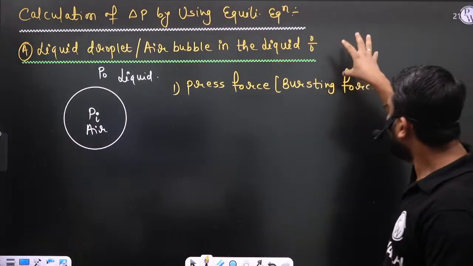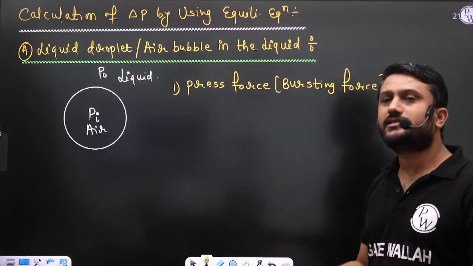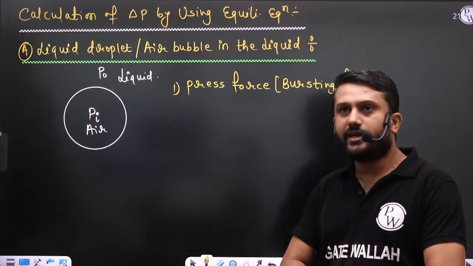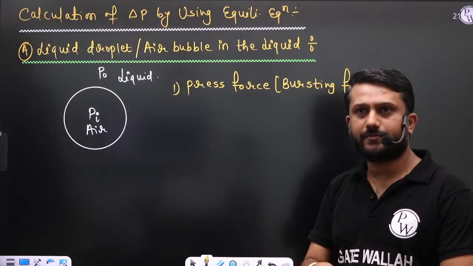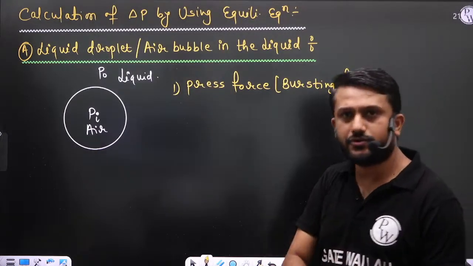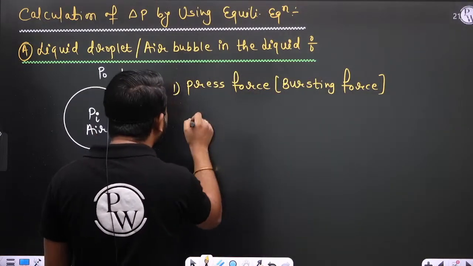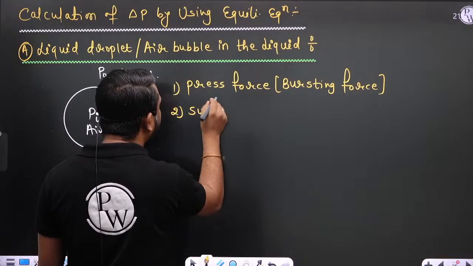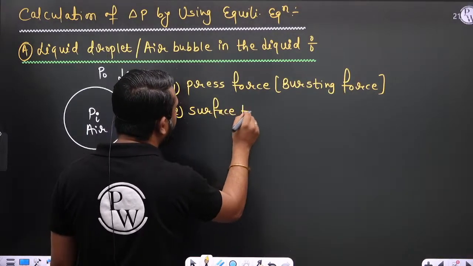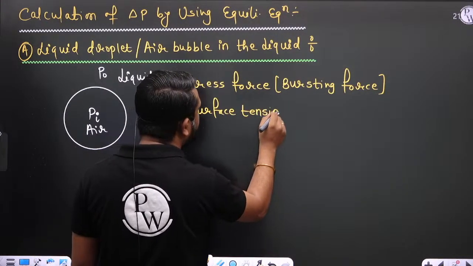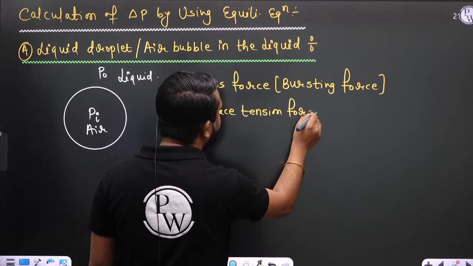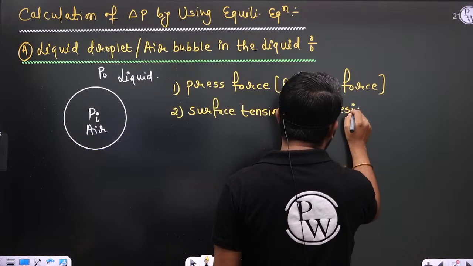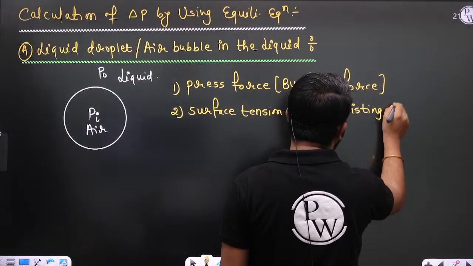And against this bursting force, there is a resisting force. That's why this bubble is formed. That means there is an equilibrium between the bursting force and the resisting force. So what is the resisting force? The resisting force is nothing but the surface tension force.